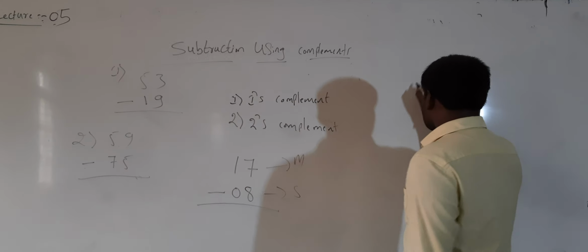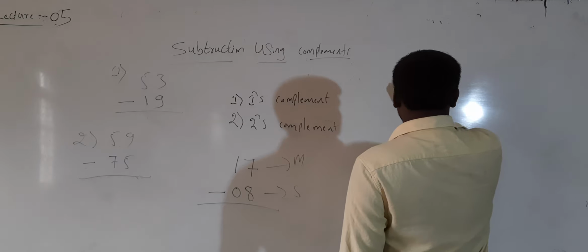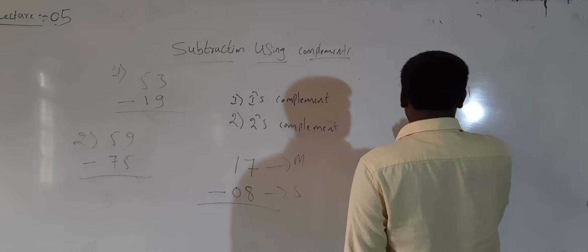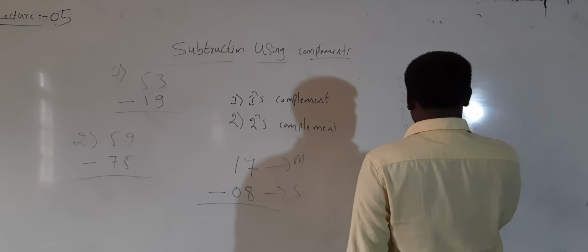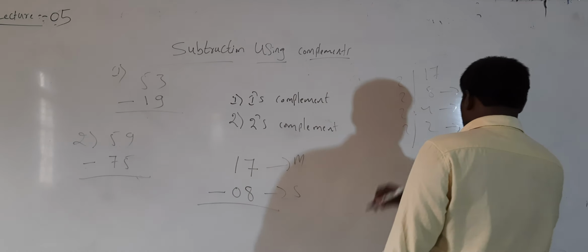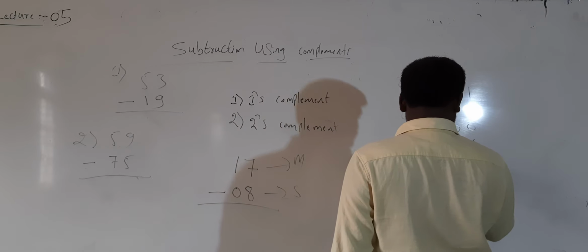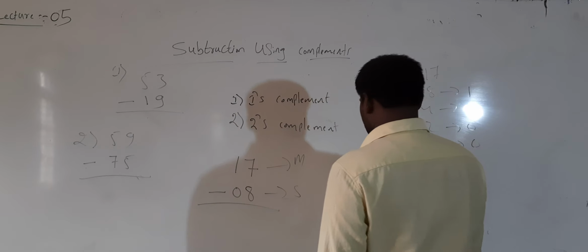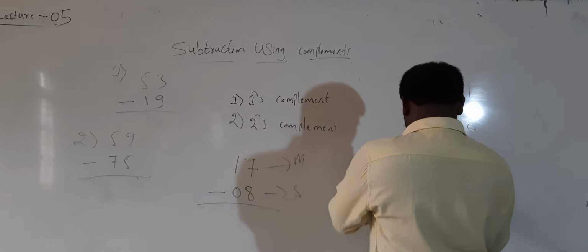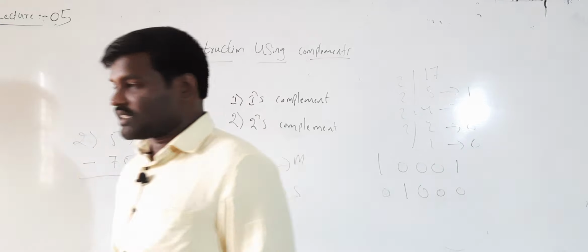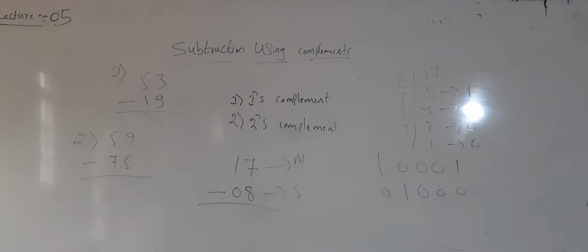So 17: 2 8s are 16, remainder is 1; 2 4s are 8, remainder is 0; 2 2s are 4, remainder is 0; 2 1s, remainder is 0. So that is 1 0 0 0 1. And 8 is 1000. Okay. So first you can identify the minuend and subtrahend.